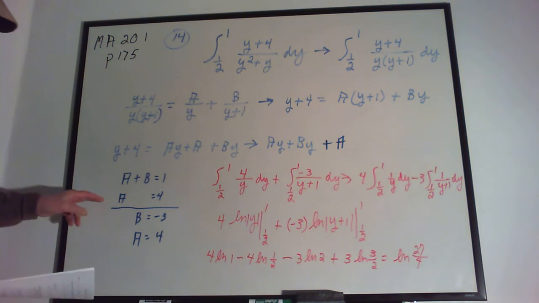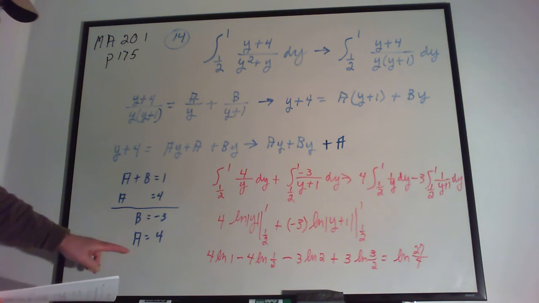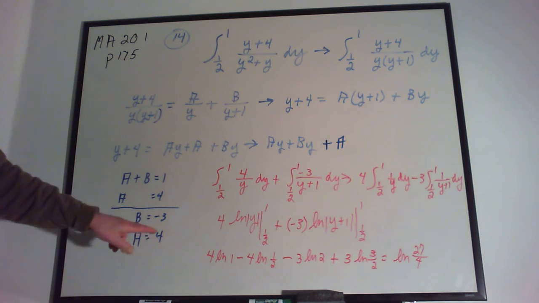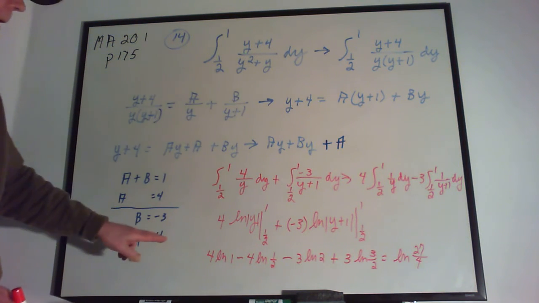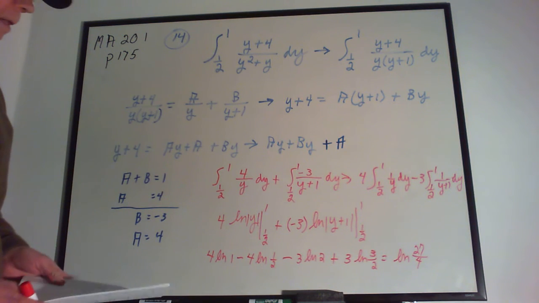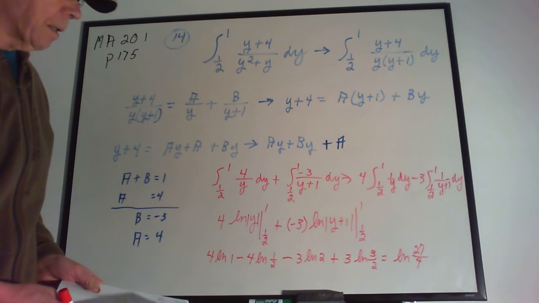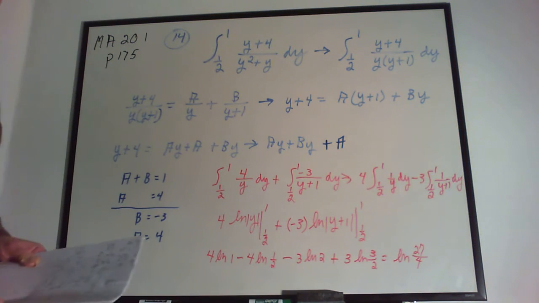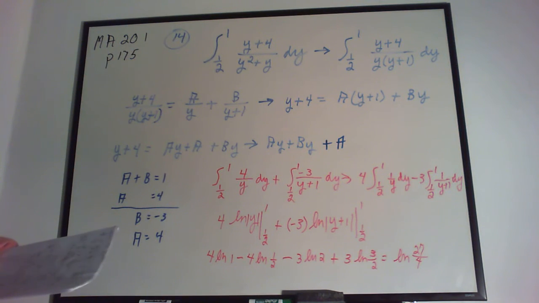I subtract them, I get B equals negative 3, A equals 4. I put the negative 3 here, put the 4 here, I integrate them, and the final answer should be the natural log of 27 divided by 4.